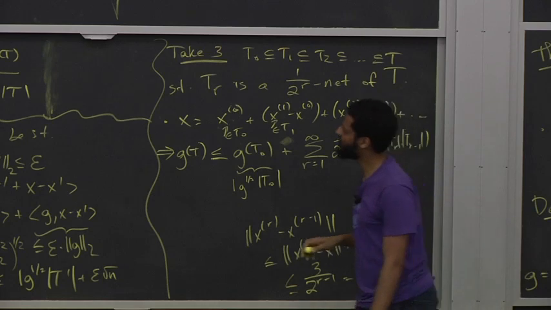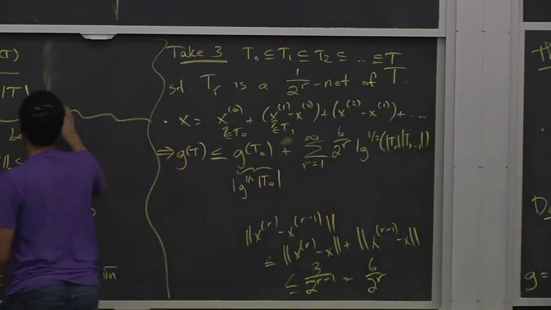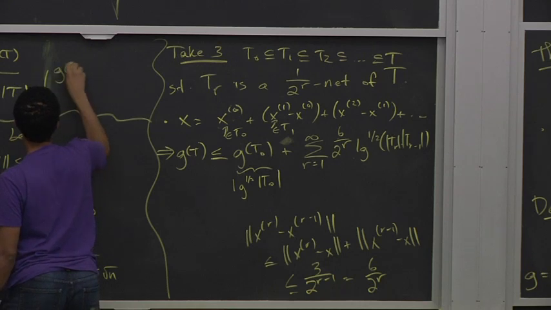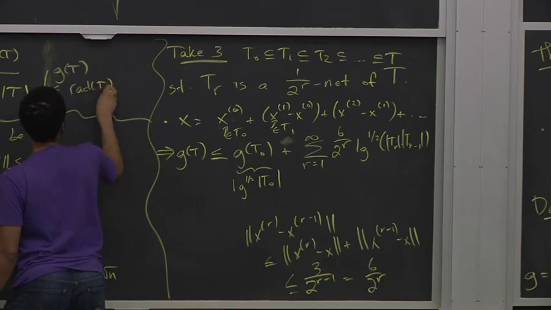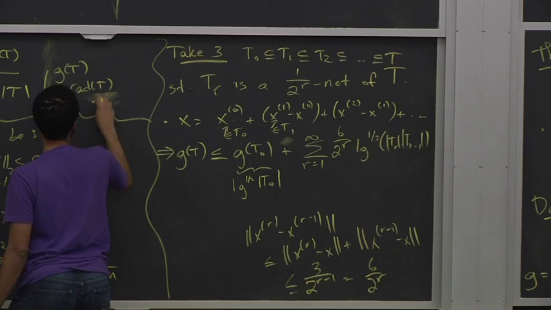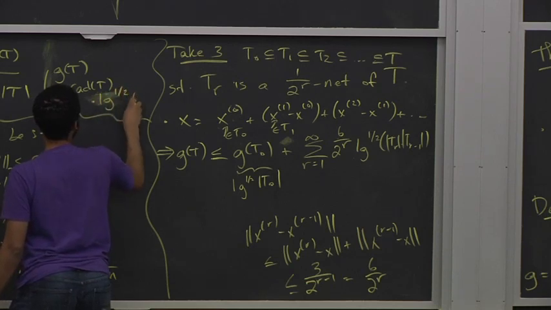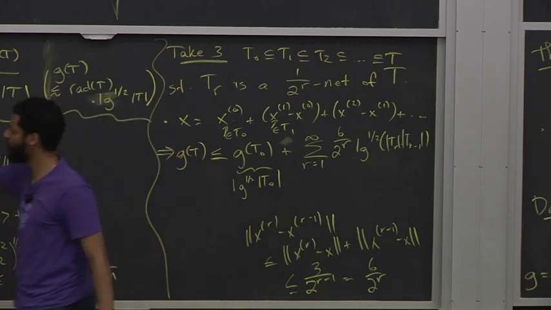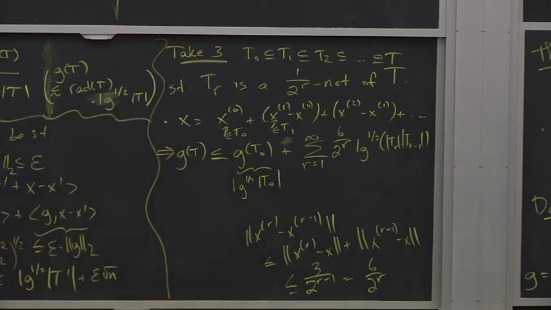So in general, what you really can get is g of T is at most the radius of T times root log the size of T. This statement follows from the same calculations here. So just think about it.